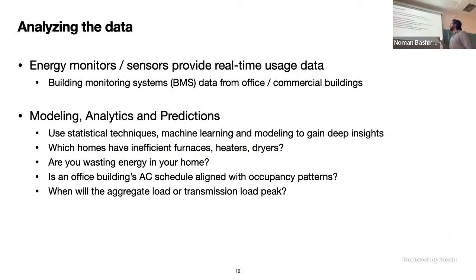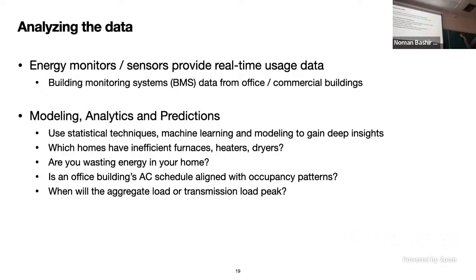Then you analyze the data. You can use statistical machine learning and modeling to gain deep insights. When are people inside the home, when are they not, which homes have inefficient furnaces, heaters, or dryers. You can compare data across multiple homes to see that, okay, this home is consuming abnormally high energy when the washer is on. What is going on?